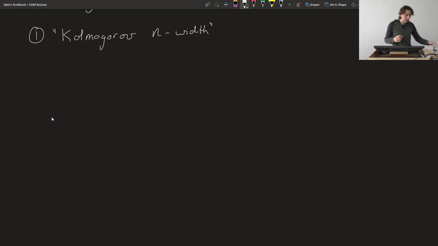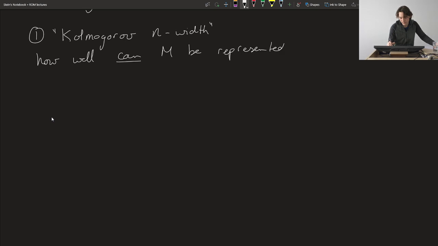Okay, so again, this is about how well hypothetically can M, the solution manifold, be represented by some n-dimensional subspace.